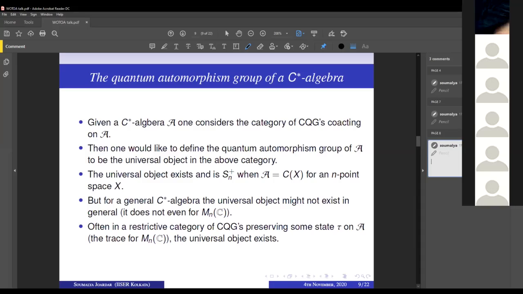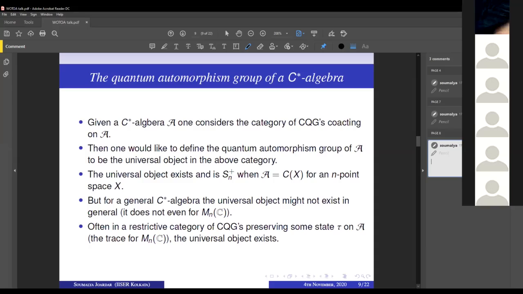Then the quantum automorphism group of a sister algebra, one would like to define it as the universal object in that category, meaning the largest such compact quantum group that can coact. That should be your quantum automorphism group from our classical intuition. Like the classical automorphism group, you can think of universal objects in the category of groups acting on spaces, right? And indeed, Sn plus actually came like that. So, what is Sn plus?